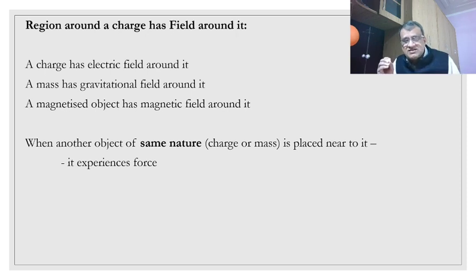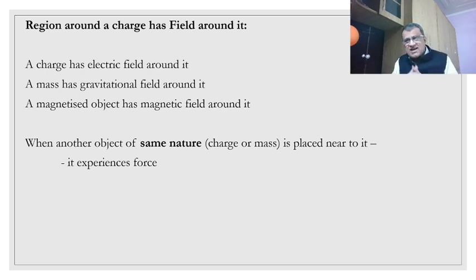So a charge has around it a field, an area of influence. Like a mass has around it a field which you can call the area of influence, the region of influence.